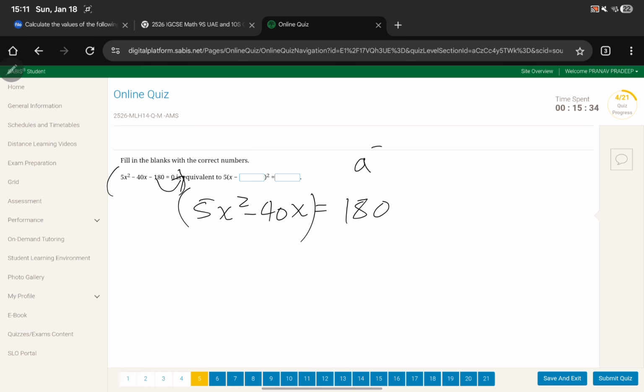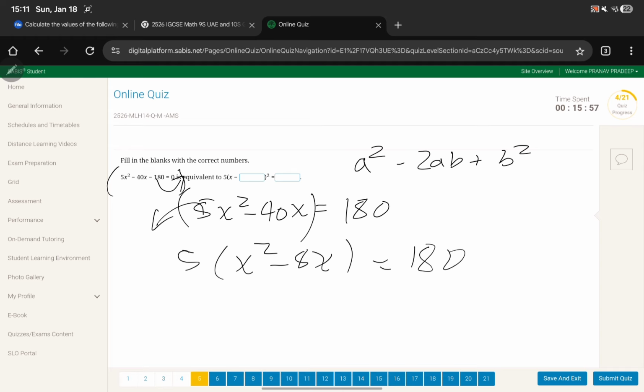You want to get this in the form a squared minus 2ab plus b squared, right? So take 5 outside. Now it's easier to solve.